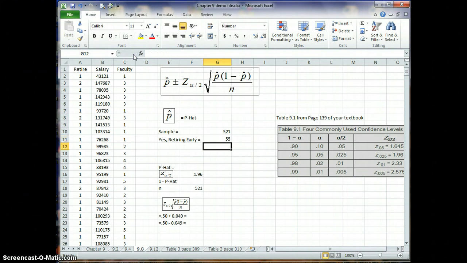So we go down below this and calculate the percent. Equals G11 divided by the 521. So 55 out of a sample of 521 are planning to retire early, which gives us 0.1056.